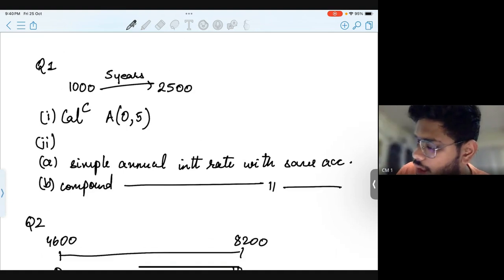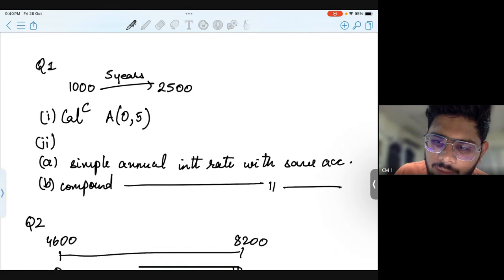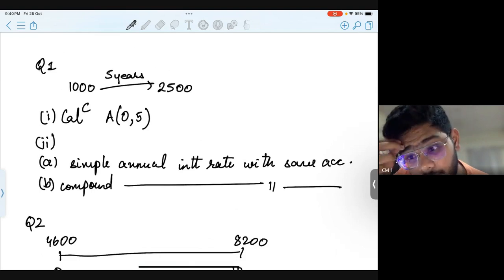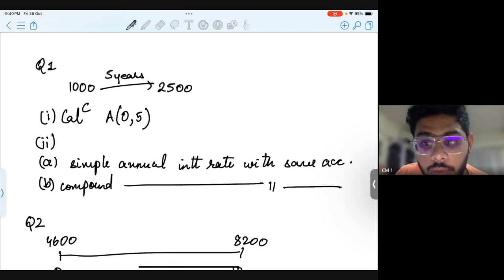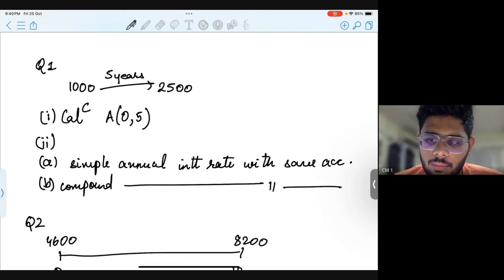For the first couple of sums, maybe I'll solve, or do you want to solve this by yourself? Depends on you. What do you want me to do? Are you solving it?